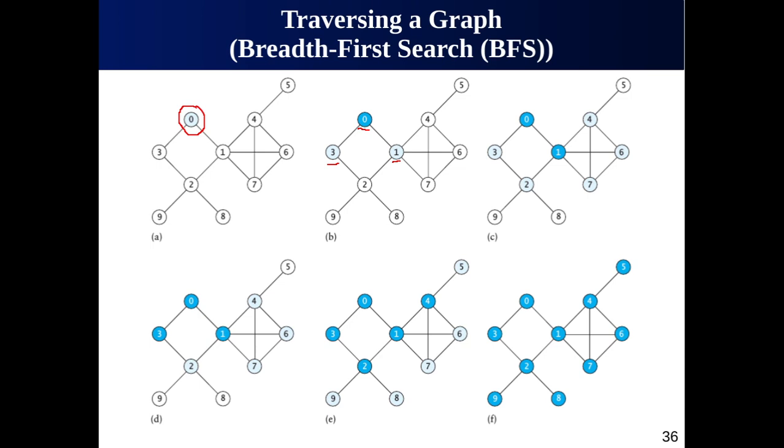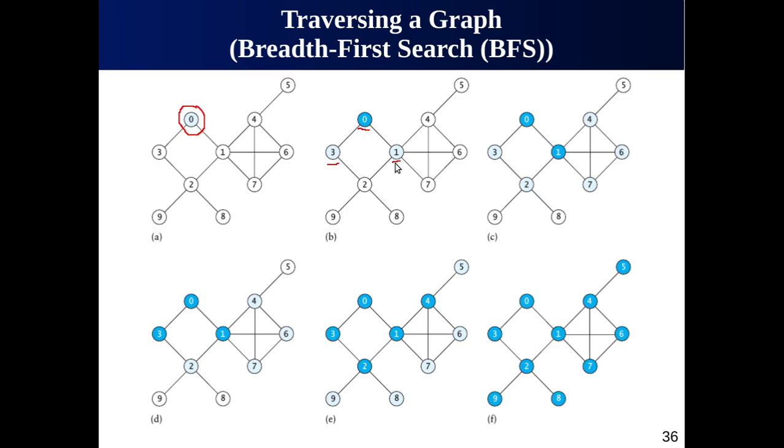We always select the first node that was identified, light colored, but not yet visited, and visit it next. You have two options, 1 and 3. They are identified but not visited yet. You can select either 3 or 1, but to keep things simple, we follow the sequential order. So after 0, select 1.